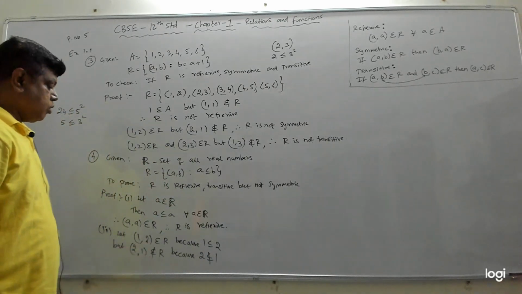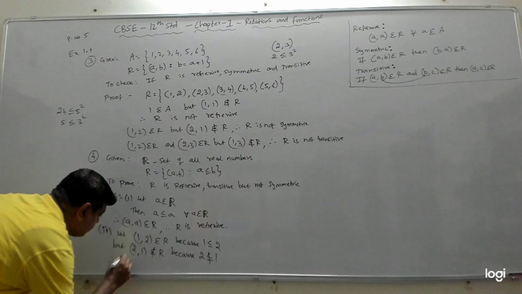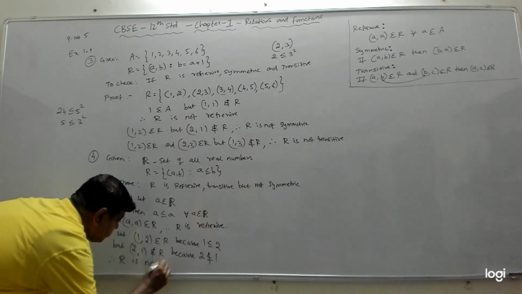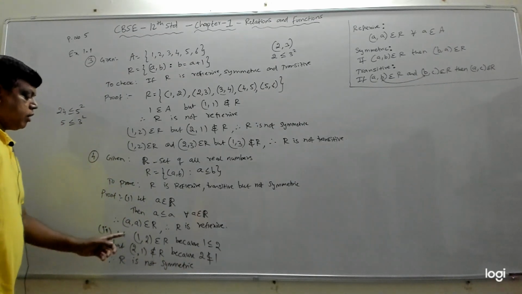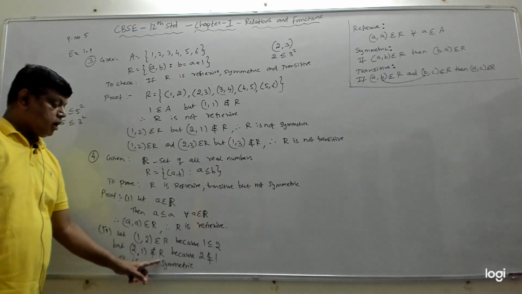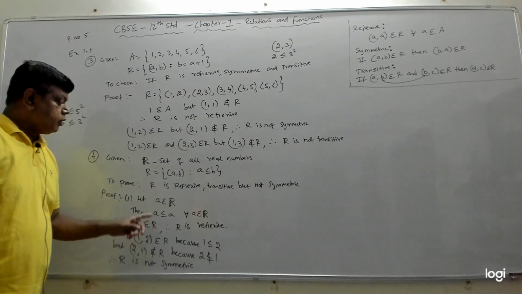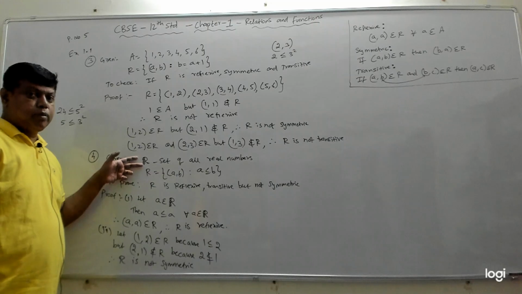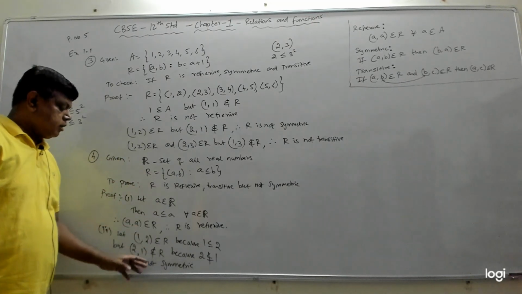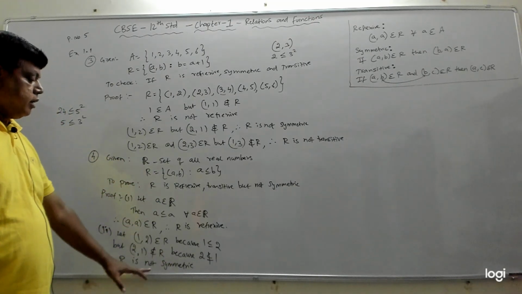Therefore, R is not symmetric, since even for one element it fails. So (1, 2) is in R, but (2, 1) is not in R. This R denotes the relation R, not the set of all real numbers. Therefore, R is not a symmetric relation.